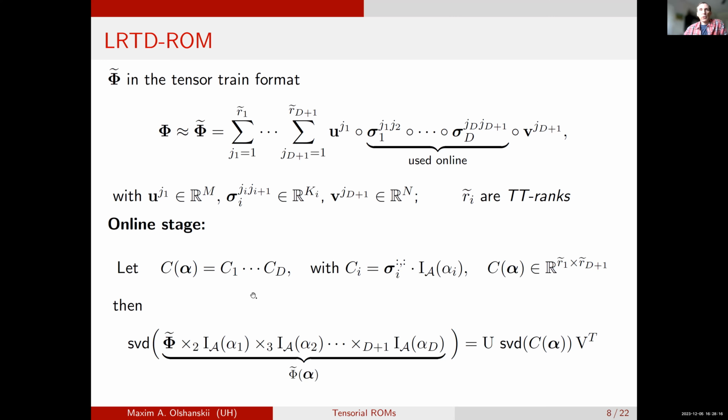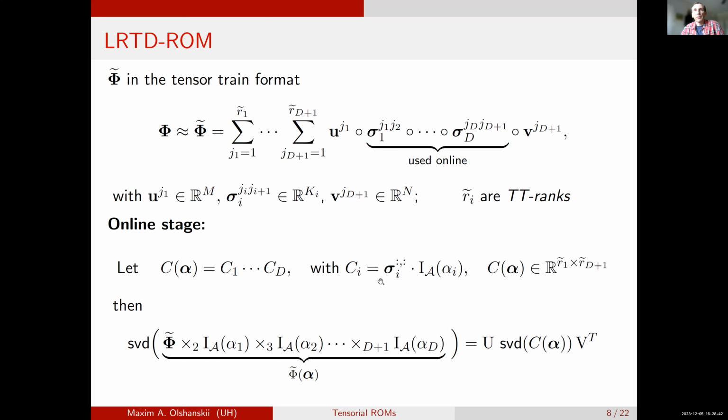To do this, we need some computations online, but these computations are done only with objects of low dimensions. So here are some matrices which correspond to these tensors of dimension 3.